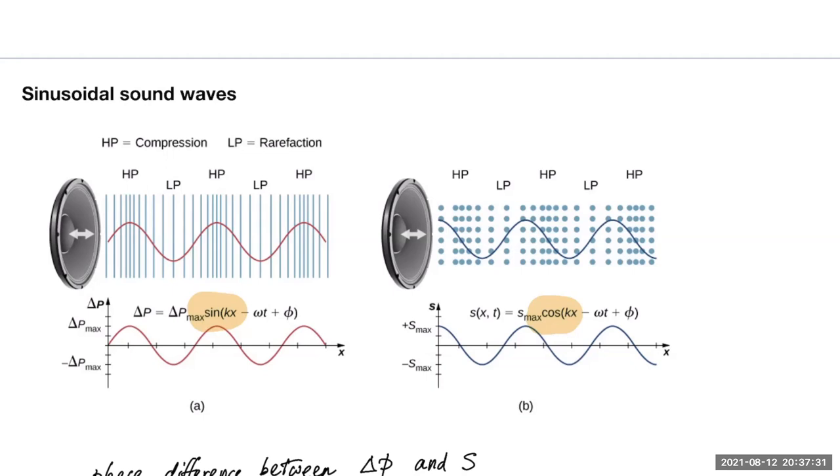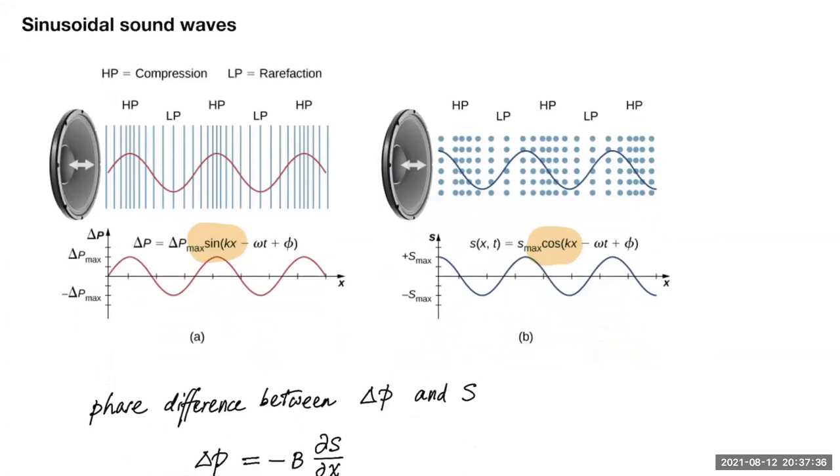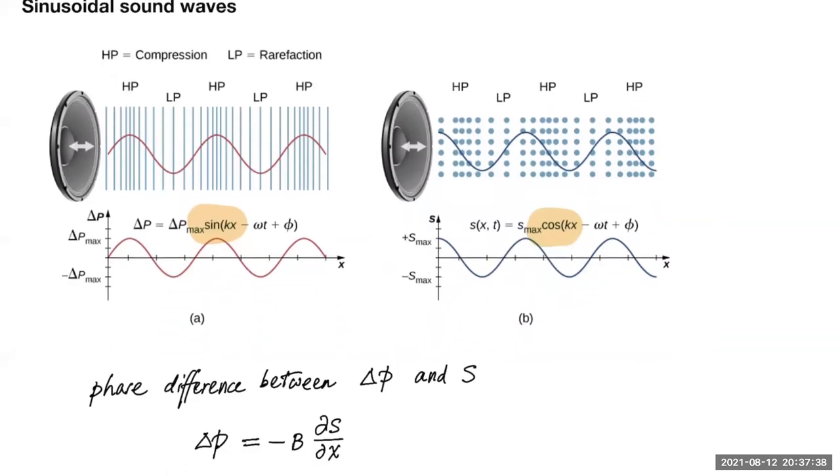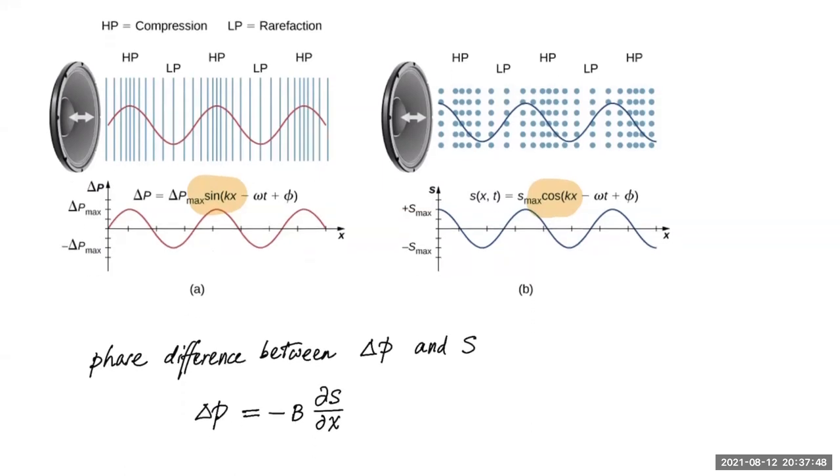Why is that? Mathematically we can see why, because in our first lecture, when we derived one of the two equations leading to the equation of the sound wave, we saw that there was a connection between the pressure variation delta P and the displacement S. Here's that connection.